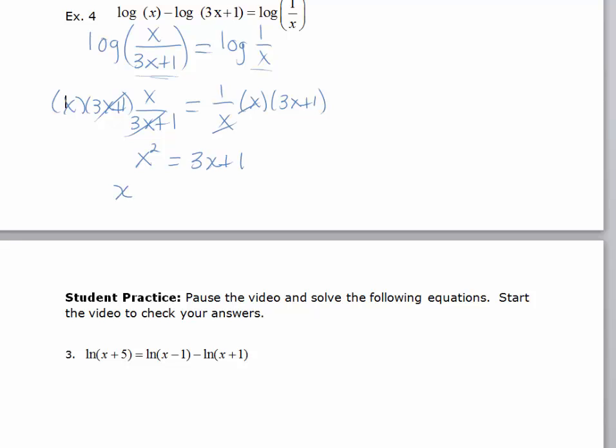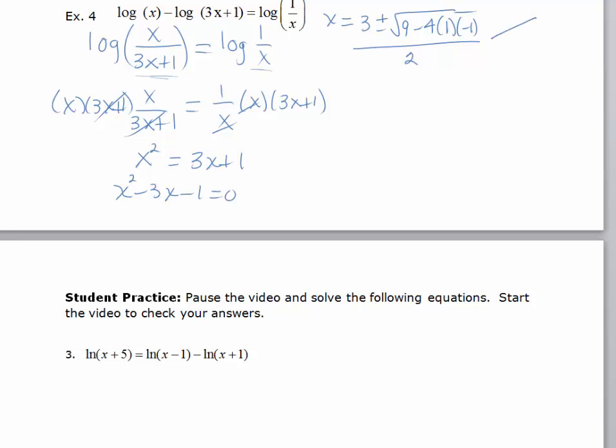So now we have a quadratic equation that's not factorable, and I would use the quadratic formula to solve this. So x would be equal to the opposite of b, which is 3, plus or minus the square root of b squared, which is 9, minus 4 times a times c, all over 2a, which is 2.